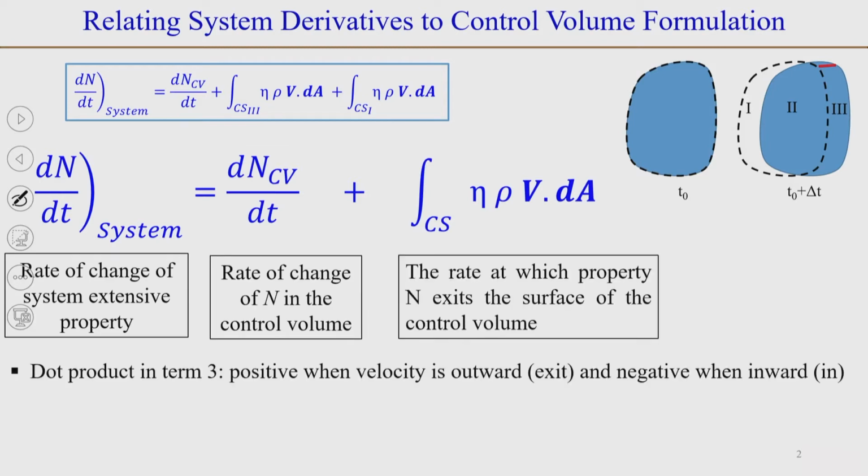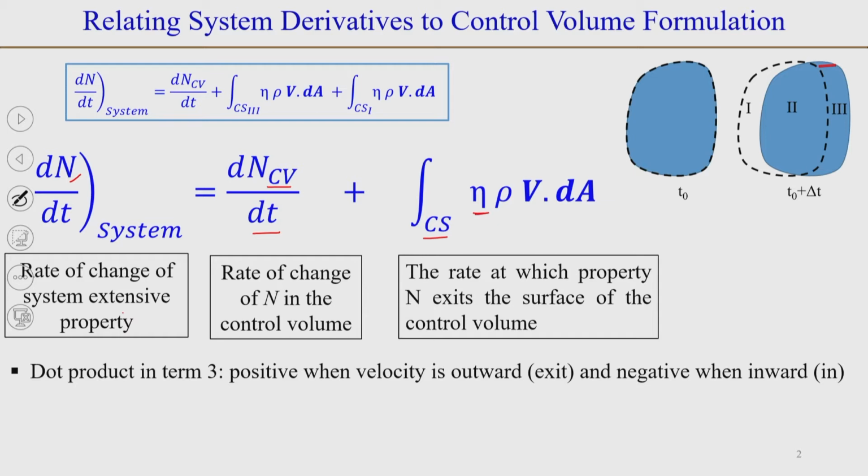The equation states, the Reynolds transport equation, that the rate of change of an extensive property n is equal to the rate of change of the property in the control volume. So, subscript CV refers to n in the control volume, and then plus integral over CS, which is control surface, eta rho v dot dA.